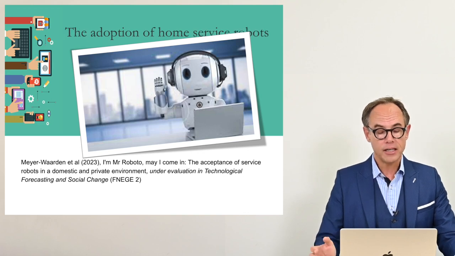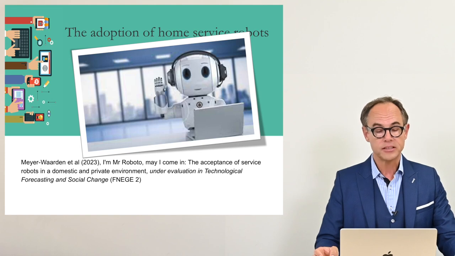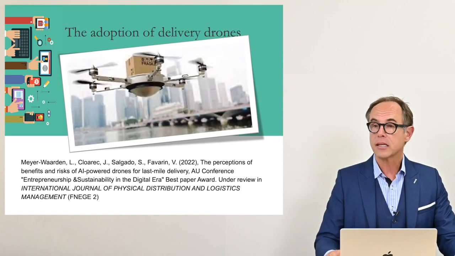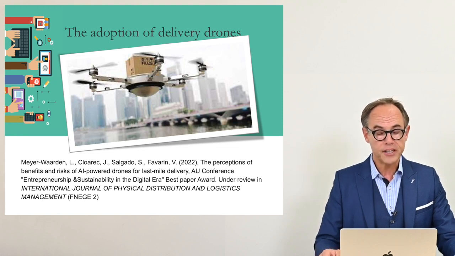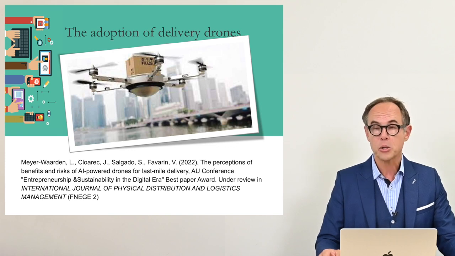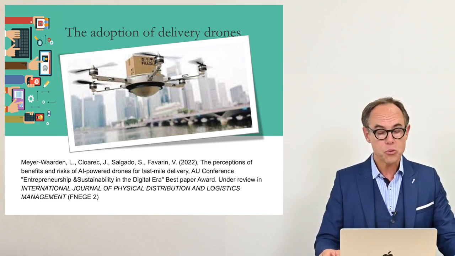It is based on an article which is under revision in Technological Forecasting and Social Change, a rank 2 journal. And last but not least, the article about adoption of delivery drones, which is published in a conference, but is under revision at the moment in the International Journal of Physical Distribution and Logistics Management. It's a rank 2 journal.